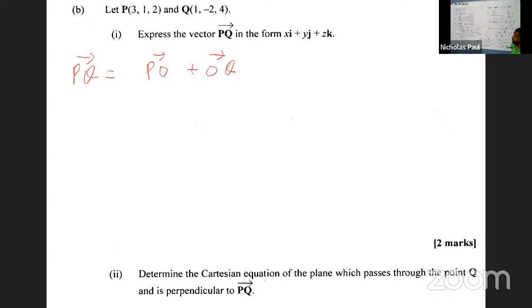Find PQ and then find the perpendicular vector there. r dot PQ is equal to, well, Q dot PQ.